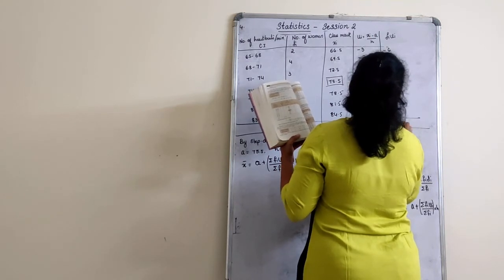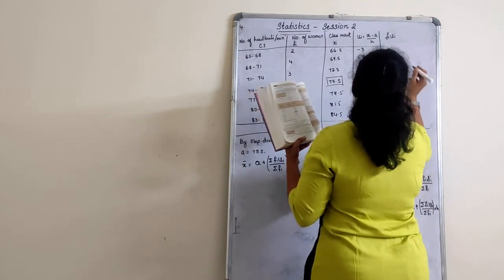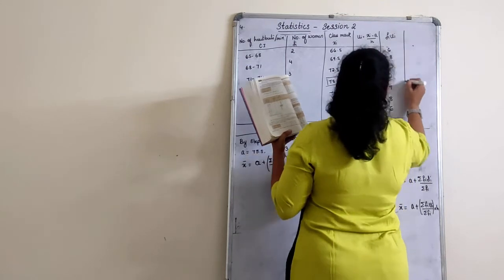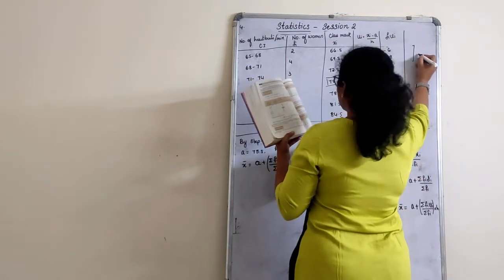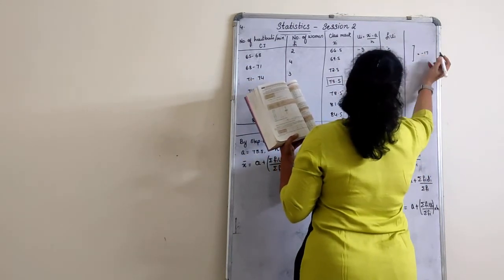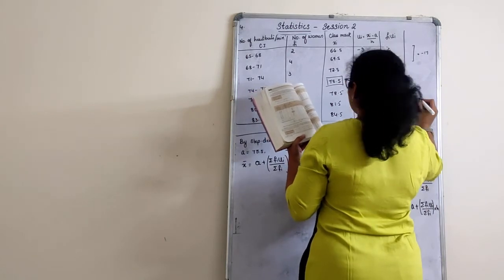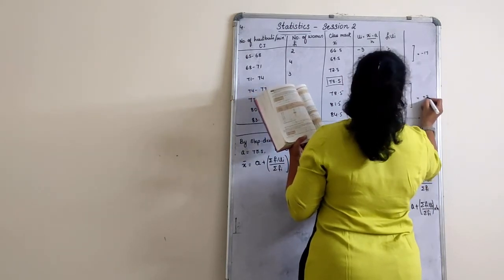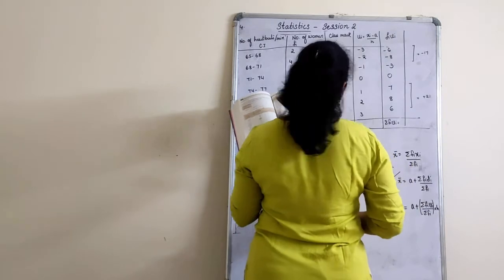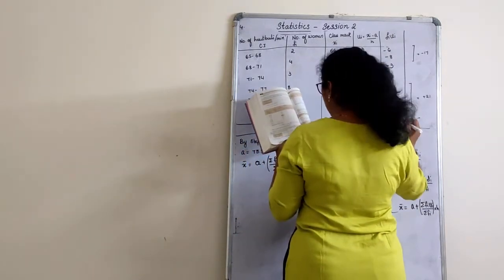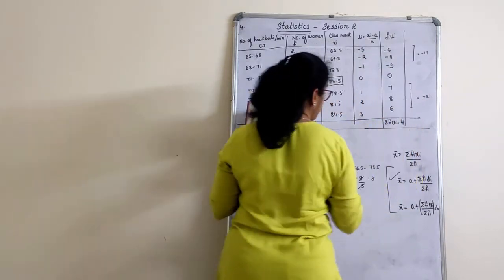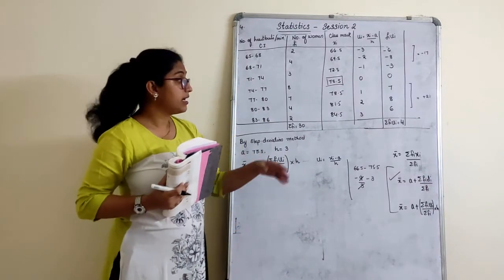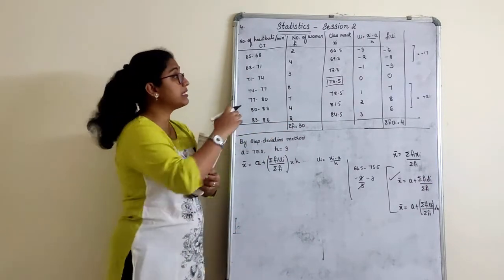Sigma Fi Ui is equal to this 3 when you add here, these 3 part when you add you are going to get minus 17. These 3 when you add you are going to get plus 21. So 21 minus 17 answer is 4. See, our calculation became so simple. Only thing is these numbers.